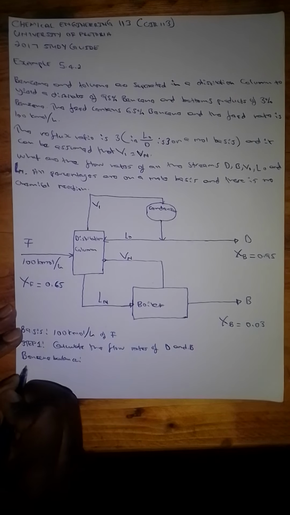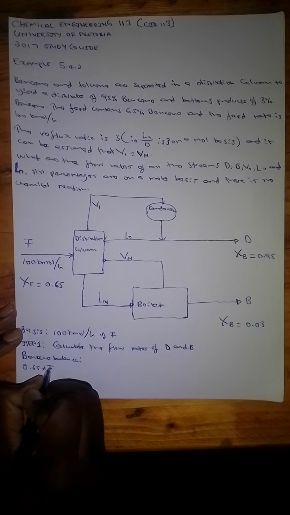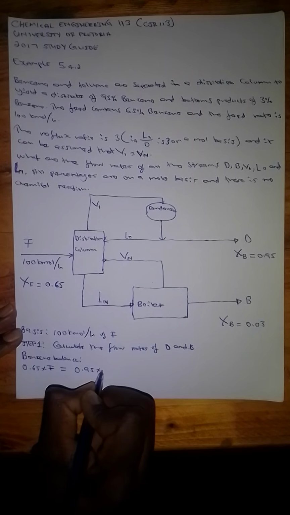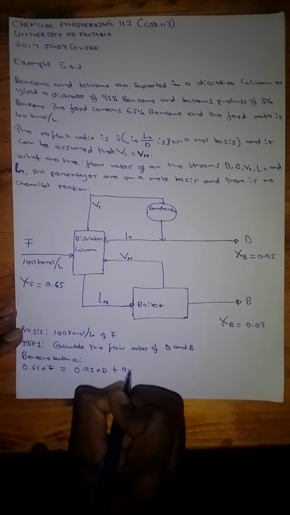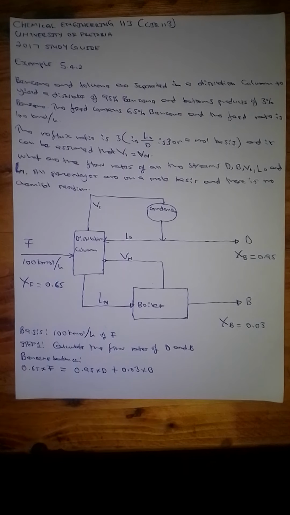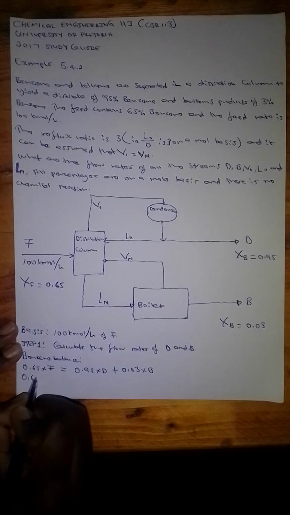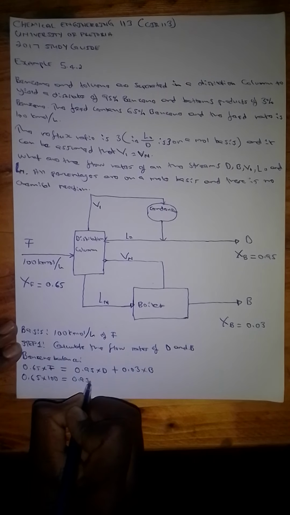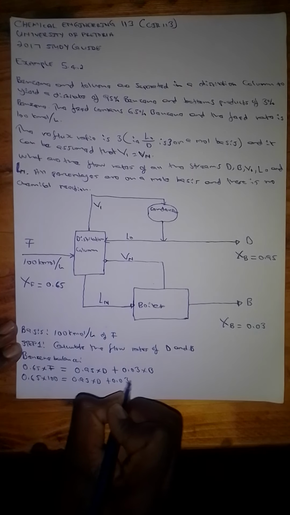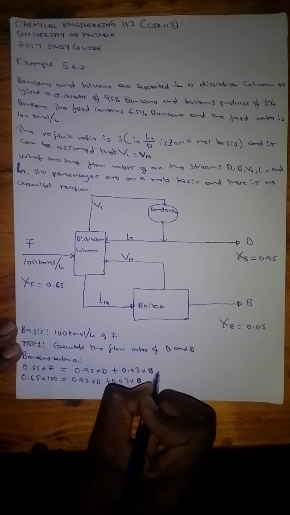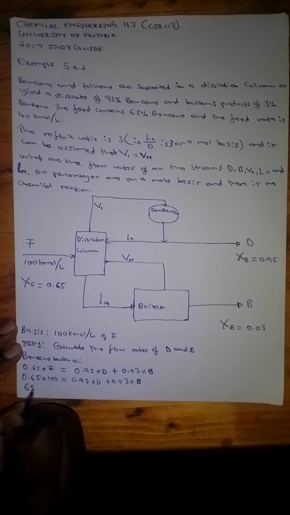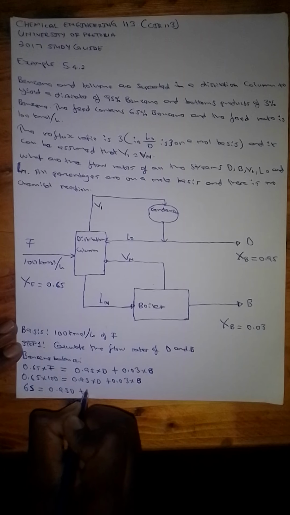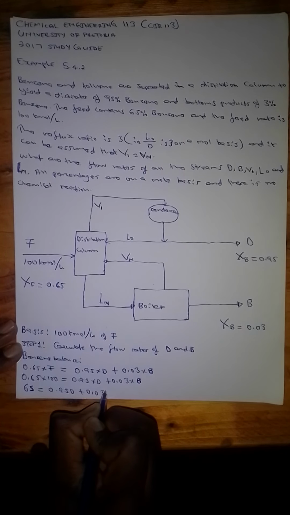So we can just say, 0.65 multiplied by F is equal to 0.95 multiplied by D plus 0.03 multiplied by B. So we can continue further to say 0.65 multiplied by 100, because we know our F is 100, is equal to 0.95 multiplied by D plus 0.03 multiplied by B. And if you simplify further, it will give you 65 equals 0.95D plus 0.03B.